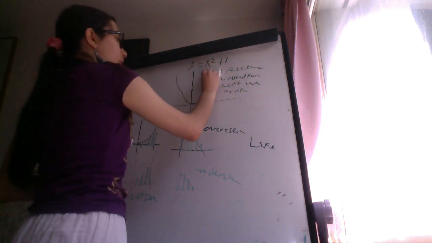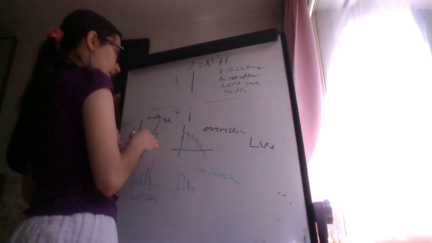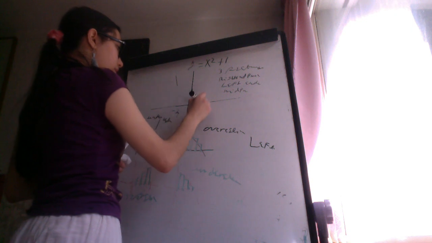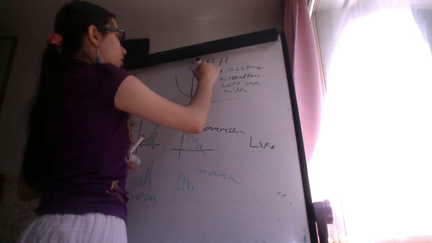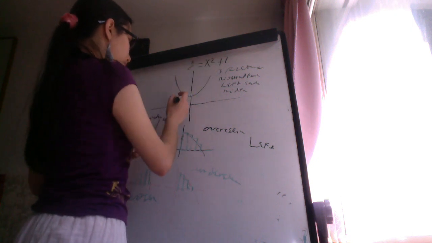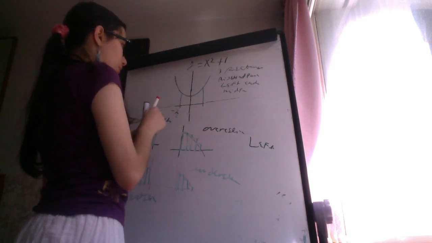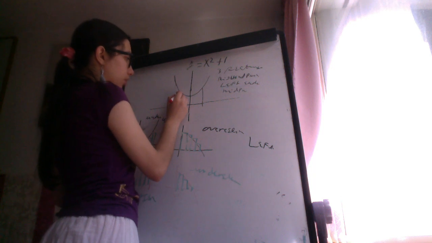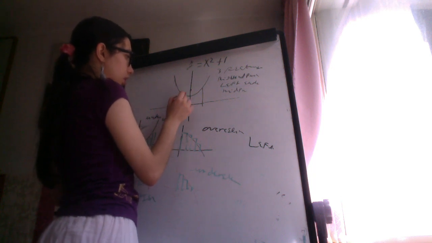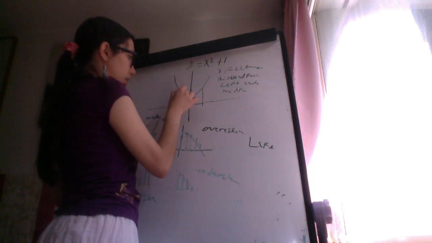This is not x squared plus 1, this was x squared. So something like this. Then we are taking it from here to here. Let's say this will be a rectangle, for example.